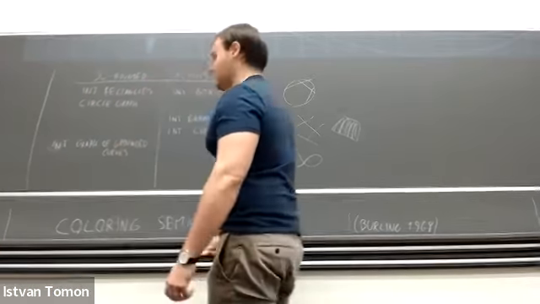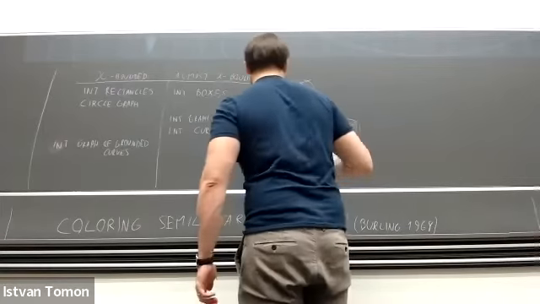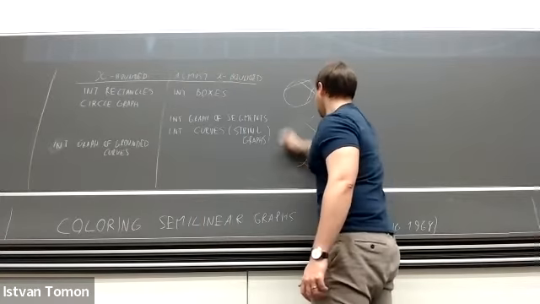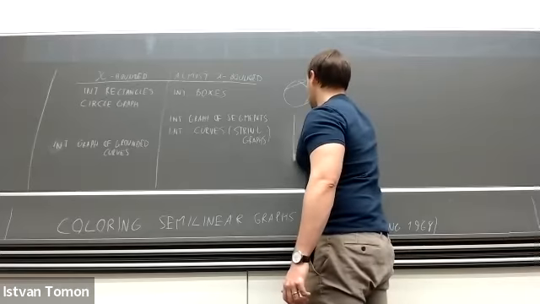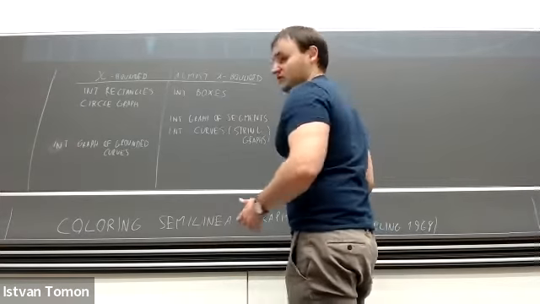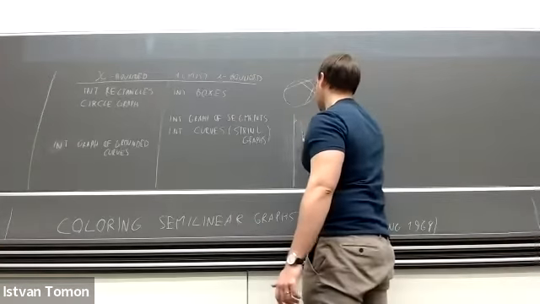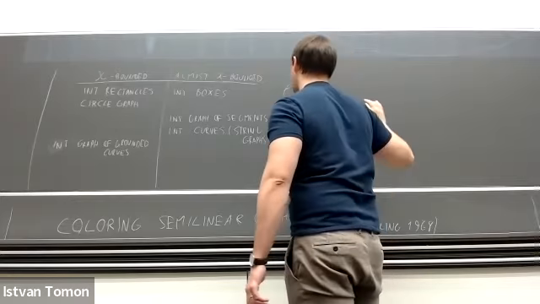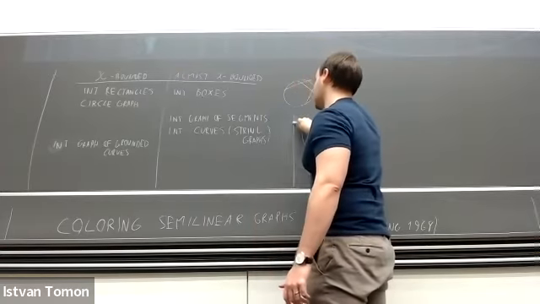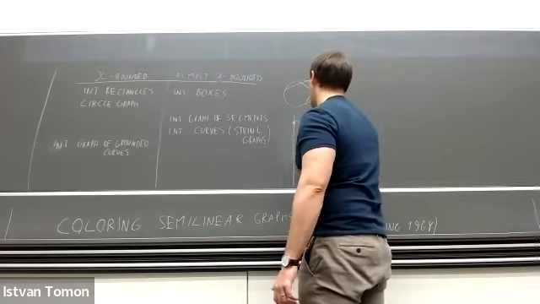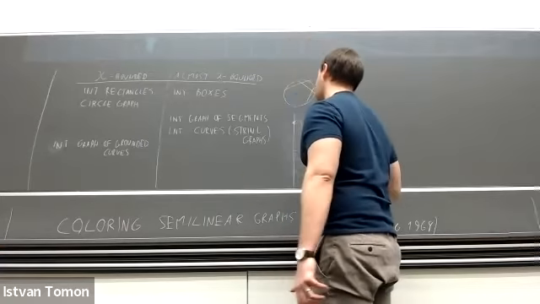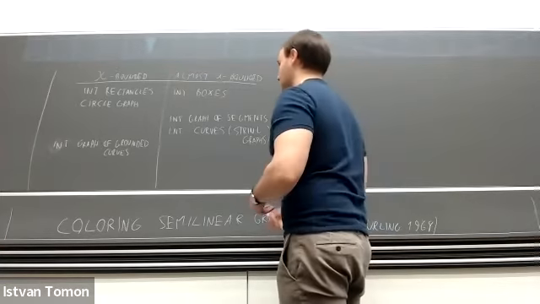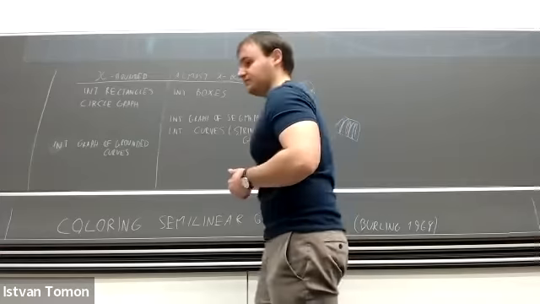This is due to a recent result of Rok and Walczak. So what are grounded curves? We have a ground, which for me is going to be a vertical line, and then all our curves are on the right-hand side and start from the ground. And if we have the intersection graph of such curves, then they somehow surprisingly become chi-bounded.